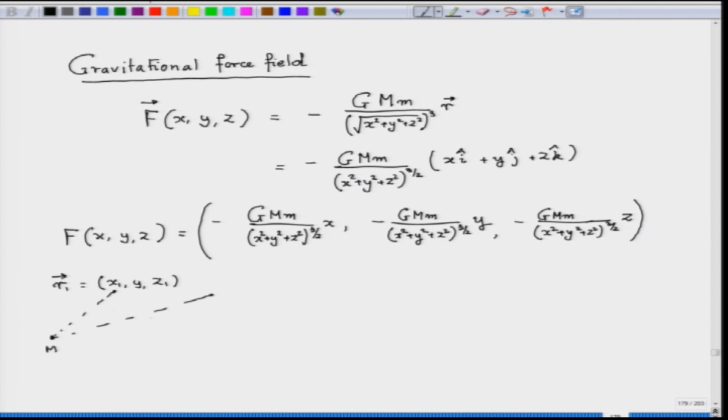So, R1 is this and R2 is x2, y2, z2. Then I really have to find the work done by the gravitational force field, the work done by the force F to move the particle from R1 to R2.